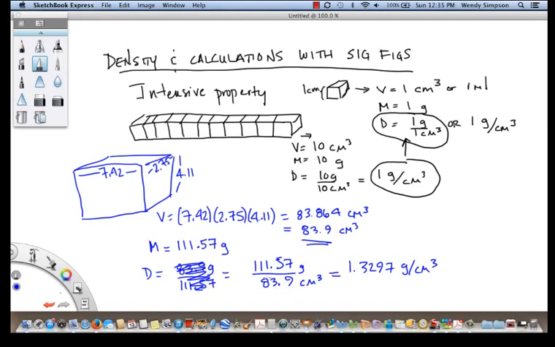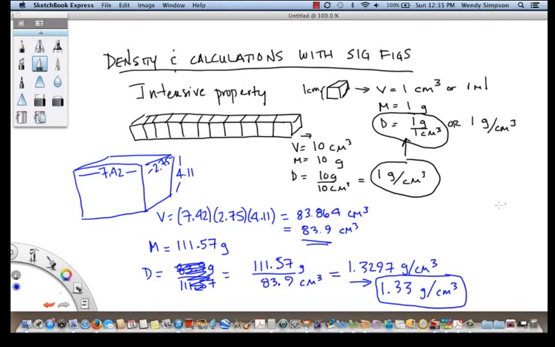So this is my least precise measurement of 3 sig figs, so I have to round my answer to 3 sig figs. So my density rounds to 1.33 grams per centimeter cubed. When you do calculations, put your answer in a nice neat box, and that sets it apart from your unrounded answers or the other values you used before you got to the calculation.